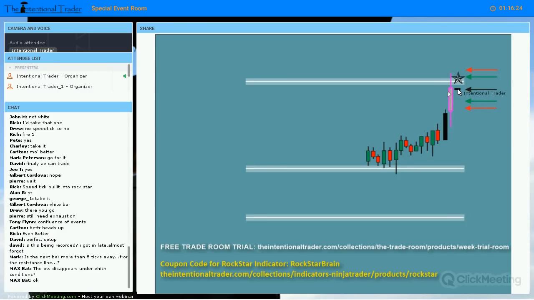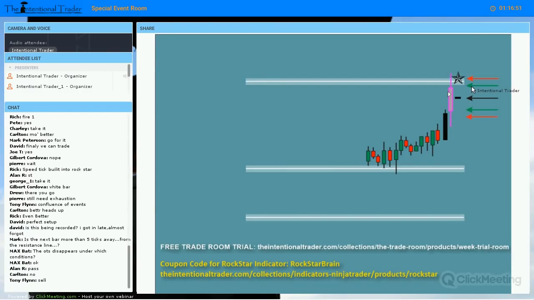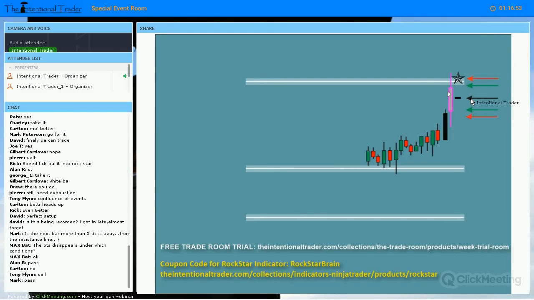So I have 5 ticks or less from the point of entry to my resistance. If this bar opened down here, what am I going to do? This is 5 ticks from here to this green.